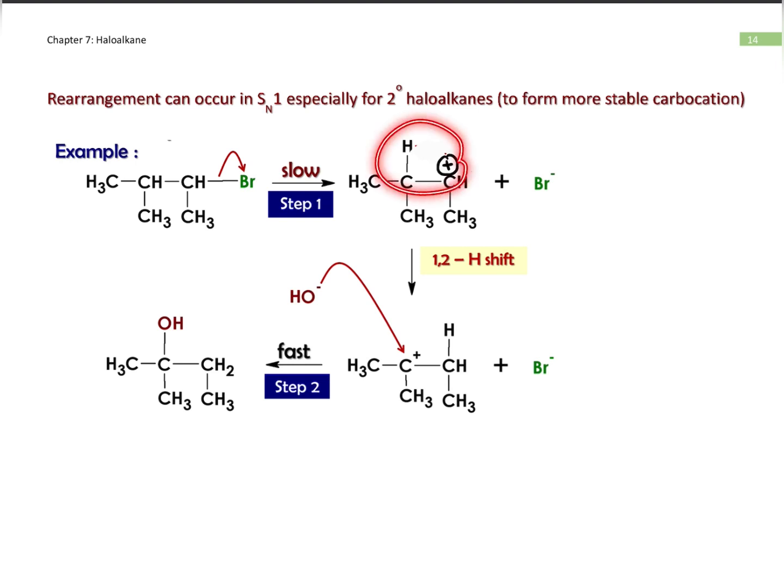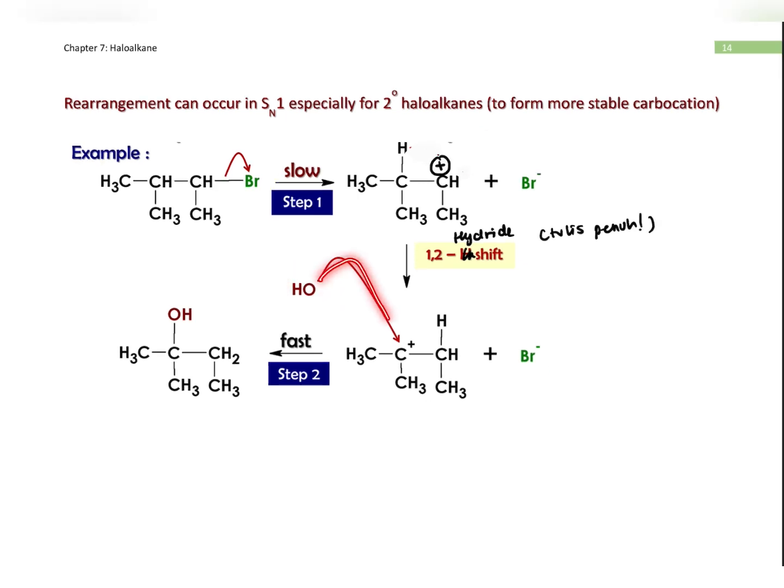And then your positif dengan hydrogen boleh shift tempat. So dia akan form 1,2 hydride shift, rearrange. So tulis penuh hydride shift. And then from secondary haloalkane just now, kita akan form tertiary carbocation. So bila dah form a stable carbocation, barulah kita buat second step. And remember to write slow dekat first step, and second step tu tulis fast.